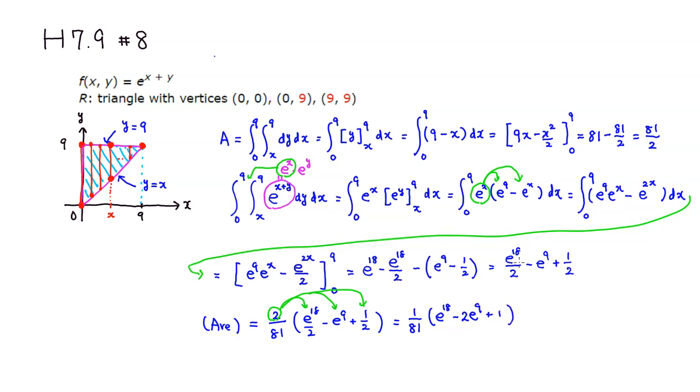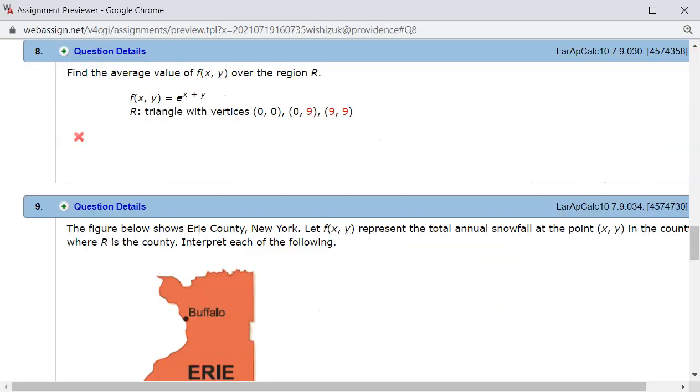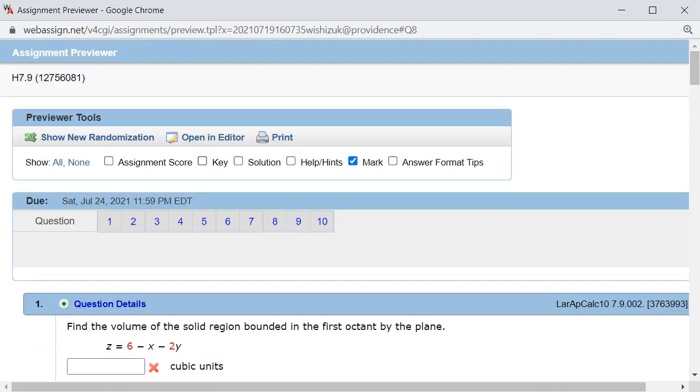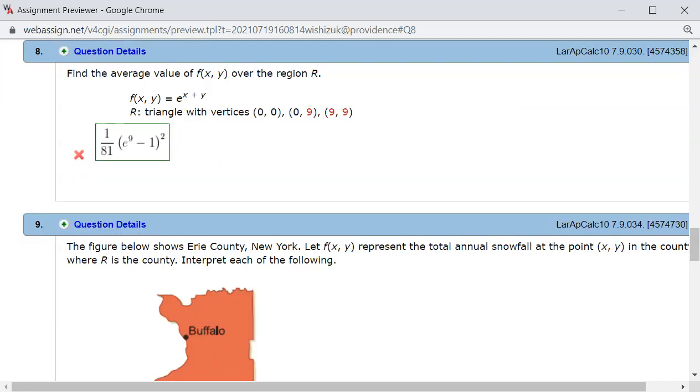All right, so let's type it in. Well, actually, we can't type it in, so I'm just going to look at the key. The answer is 1 over 81 times the quantity e to the 9 minus 1, squared.